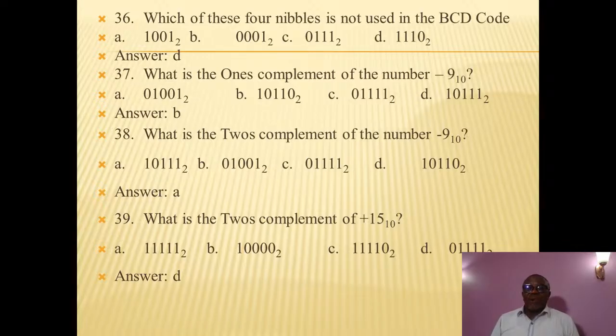It remains 1111 because you only find 2's complement of negative numbers. So it gives you that. Do you agree?